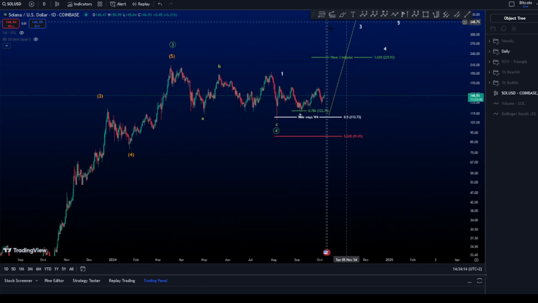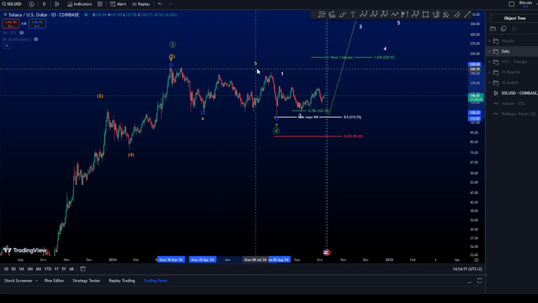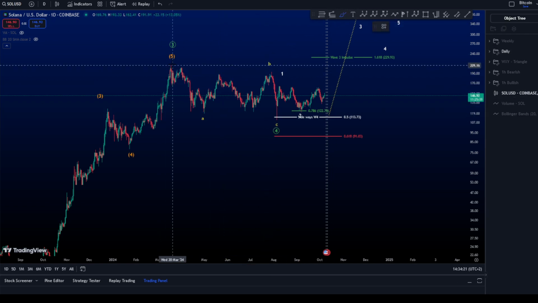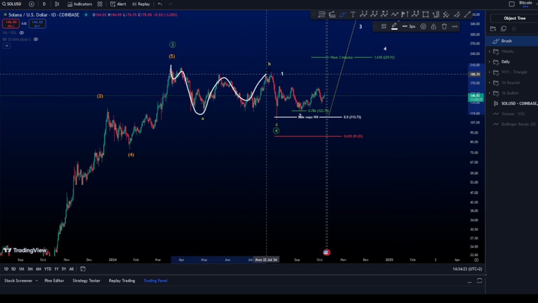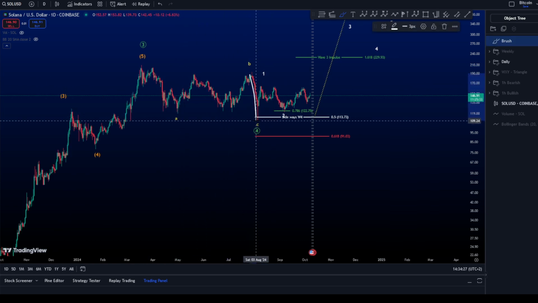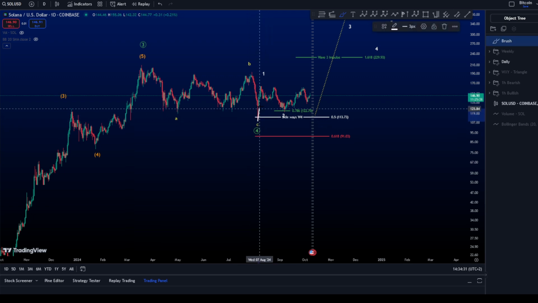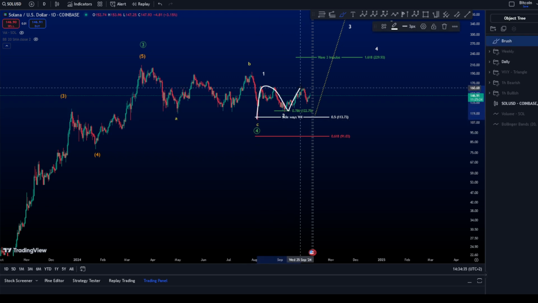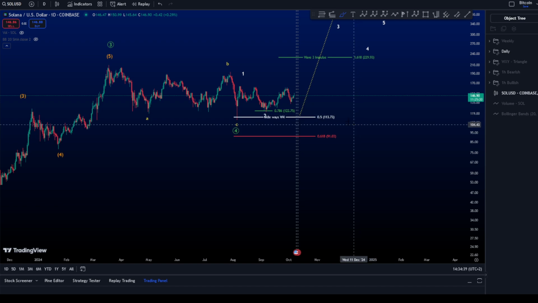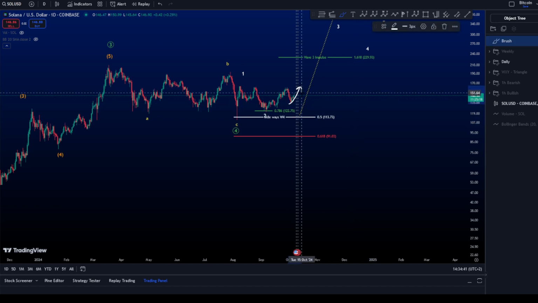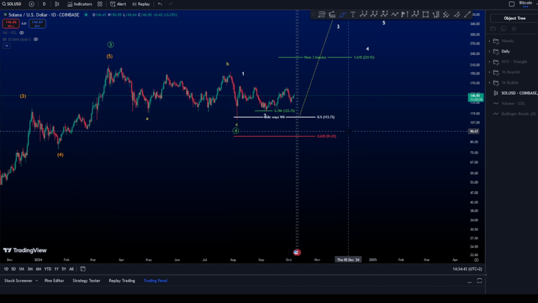And as we can see, a finished ABC has already been given here, where we can see an A finished, and a B, 3 waves also towards the upside, and a finished wave C impulsively towards the downside. After that, we started to see a potential 1, 2 formation, and exactly last week we also did another 1, 2, and now we are still looking towards the upside.